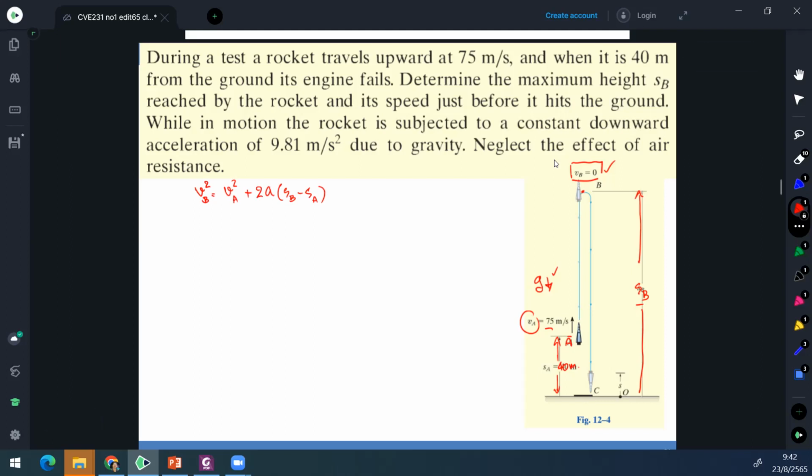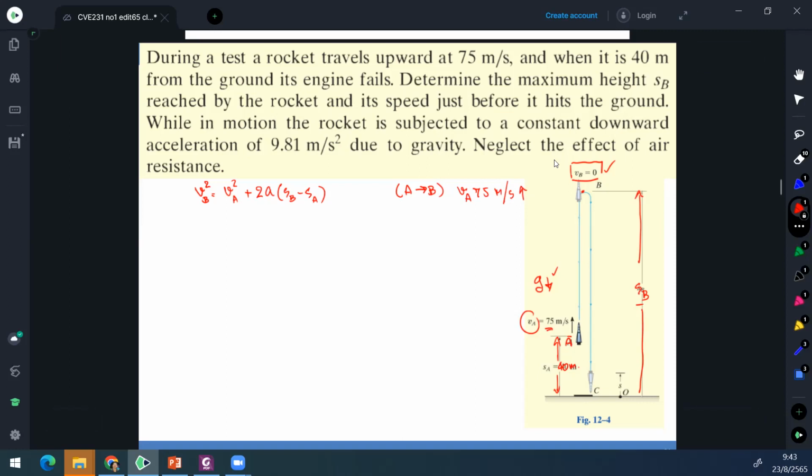And for this case, we consider the motion from A to B. The motion starts from A to B, and the rocket starts moving with the velocity of 75 meters per second. That is, we already know VA, 75 meters per second going up.